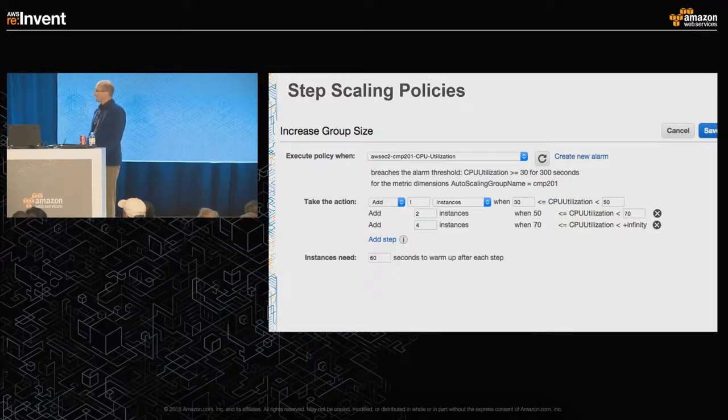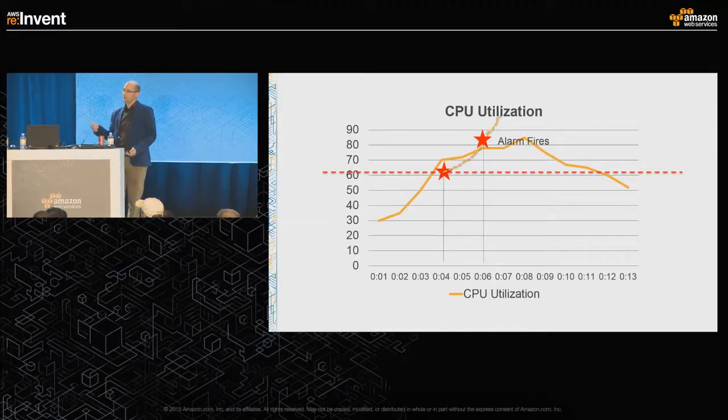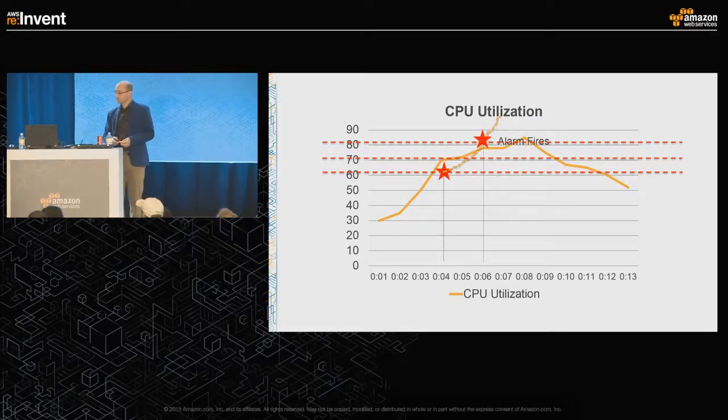But when it's above 70, I'm just going to add 4, because it seems to be growing. And the actual values don't matter, but what matters is that now you can figure out where to place the thresholds. You can have not only one, but multiple thresholds, and make sure that you pick the right strategy to address the metrics that you see over here.